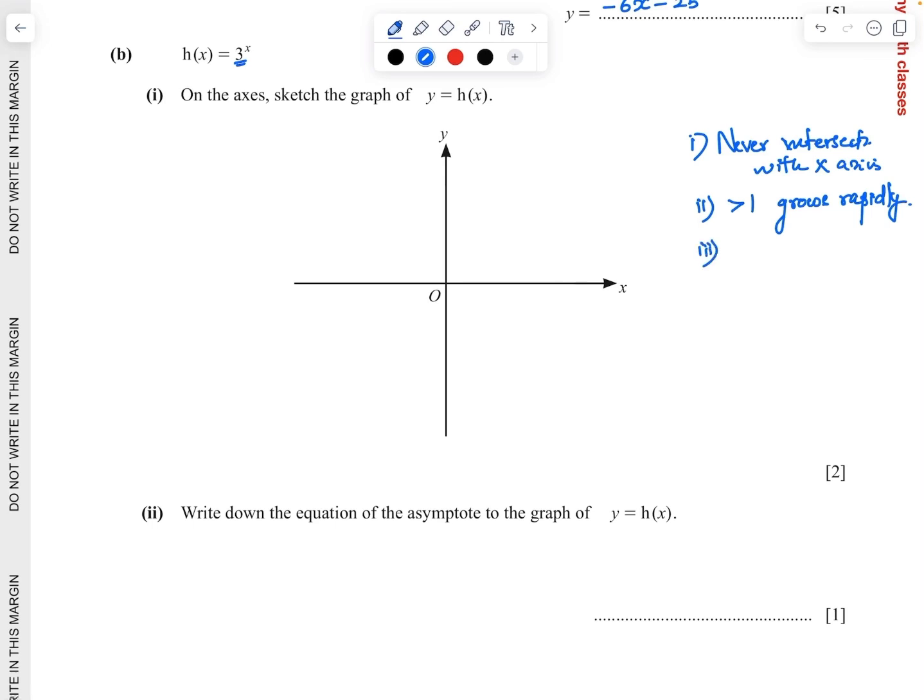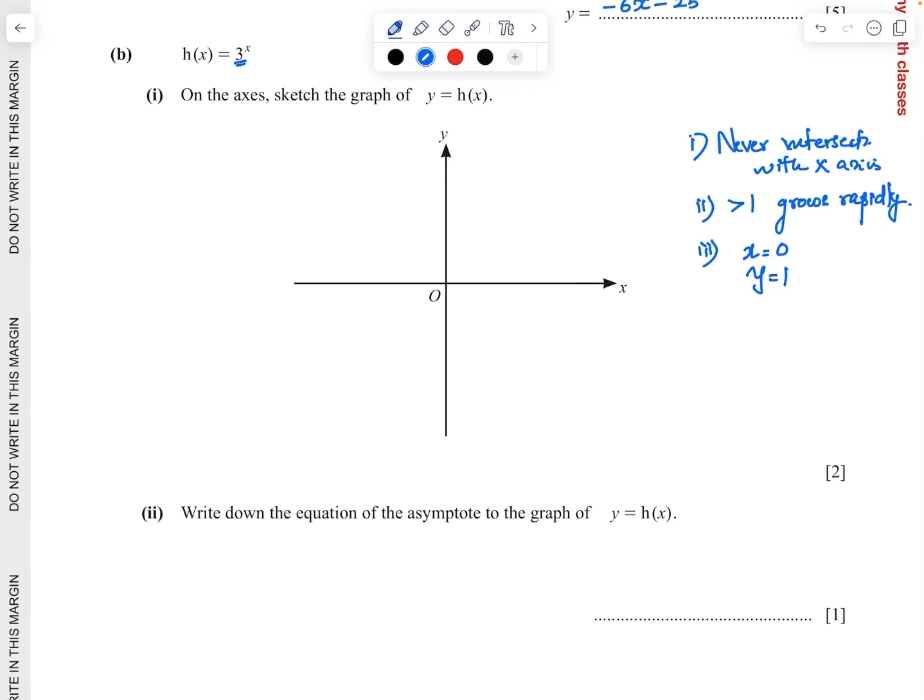Then point number 3. In this function, if we put x is equal to 0 to get the y-intercept, anything to the power 0 gives us 1. So y is equal to 1. So this graph will intersect at y equal to 1.